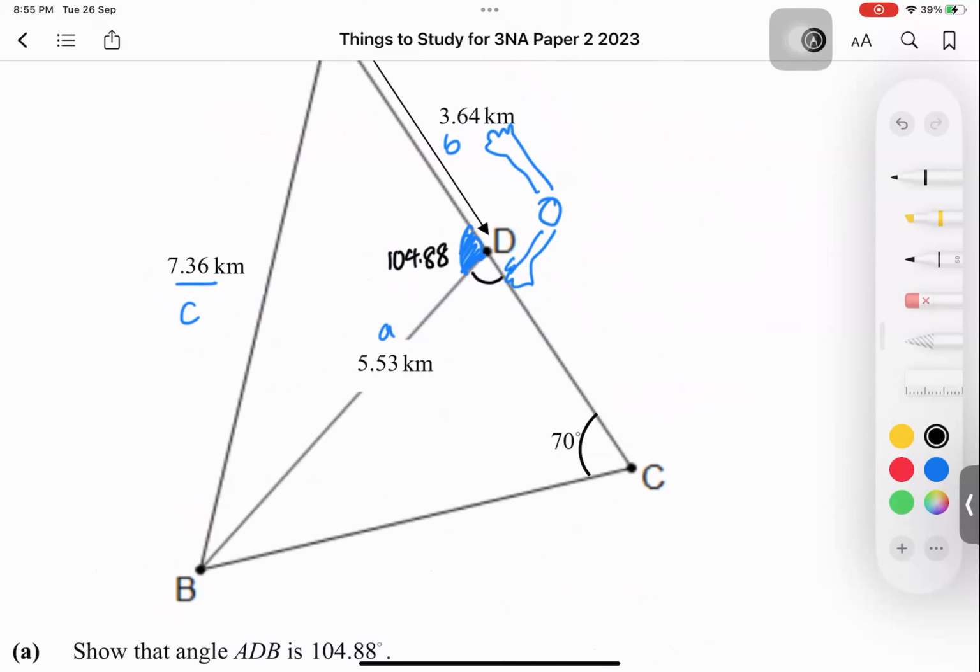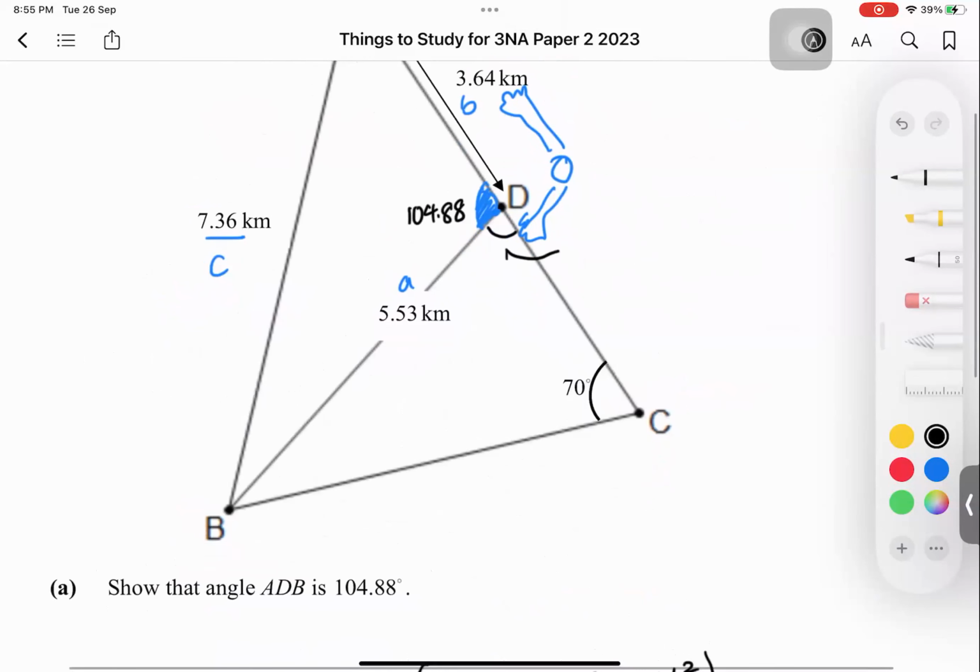So I will probably do this angle first. 180 minus 104.88 to help myself maybe for the next few parts. This angle is 75.12 degree, right? And that being said, if I know this 75.12, this is 70, probably later I can also find this angle. I wouldn't know whether I need it or not, but maybe I'll need it later.